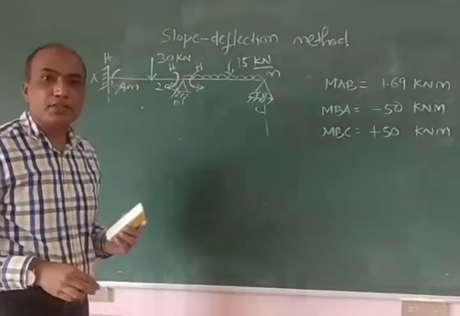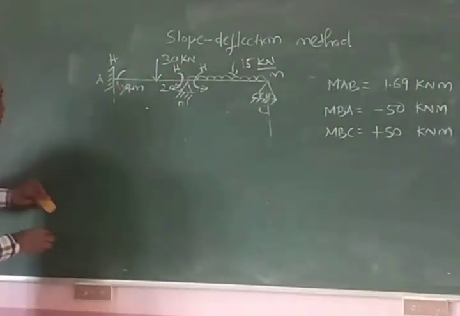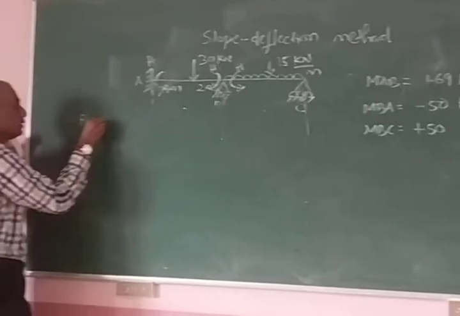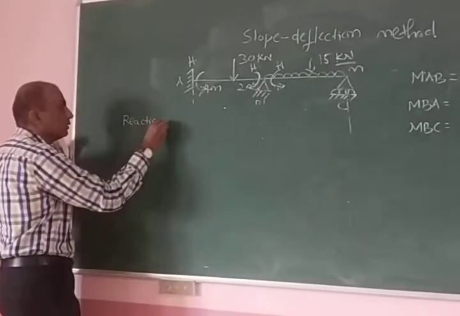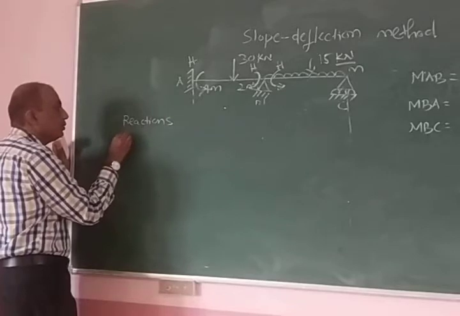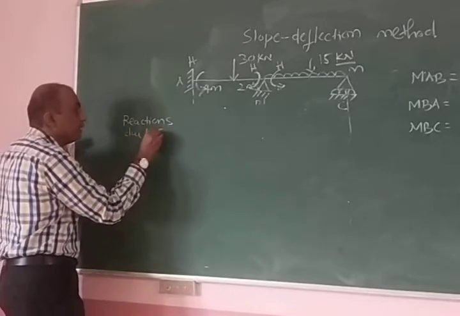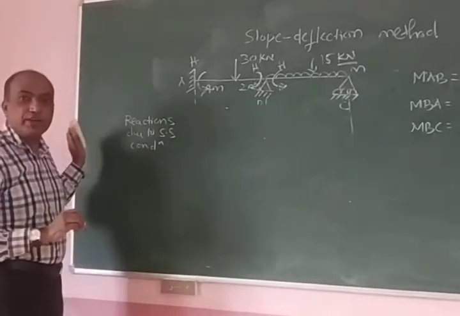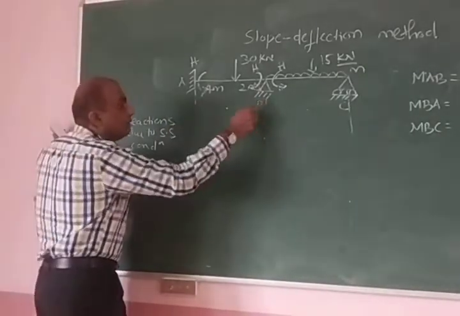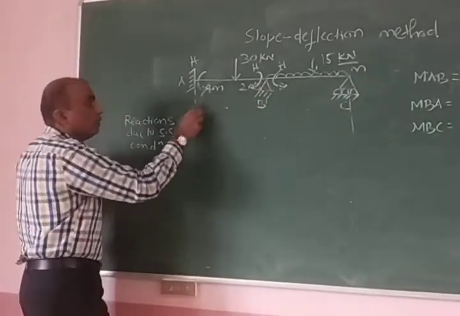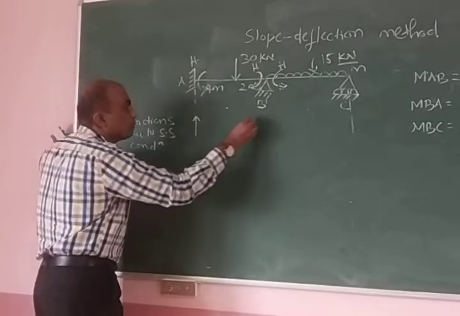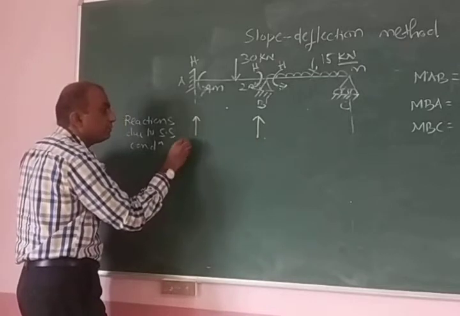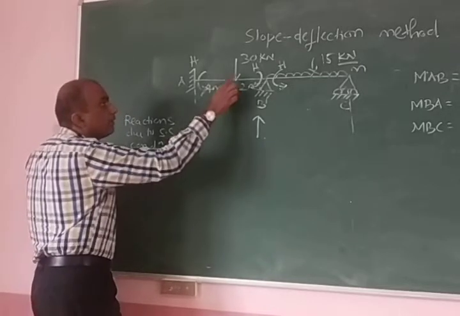First, we have to find the reactions due to simply supported condition, or simply I call them free reactions. So consider the beam as simply supported. What is each reaction? This reaction and this reaction. This reaction is given by W b by L. W is 30.